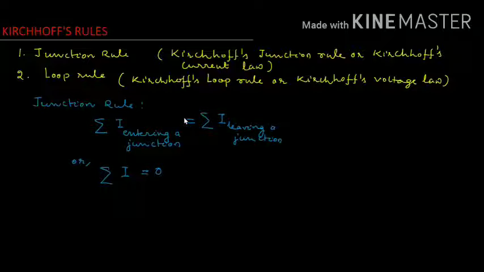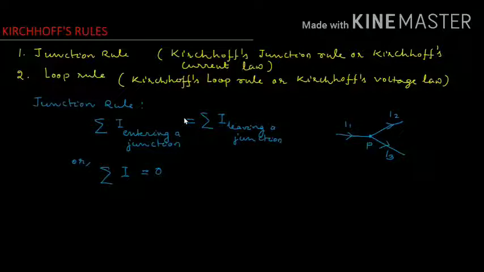Suppose you consider three conductors. They meet at a point. Current flowing through the first conductor is I1. Current leaving through another conductor is I2, and the third conductor is I3. The current entering towards the junction P is I1, and the currents leaving the junction P are I2 and I3.